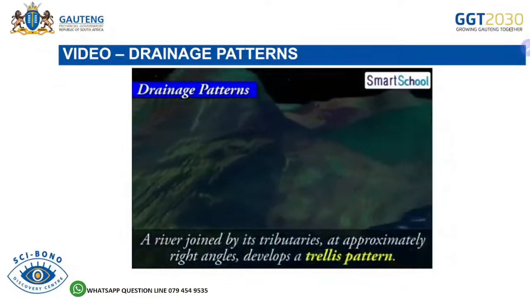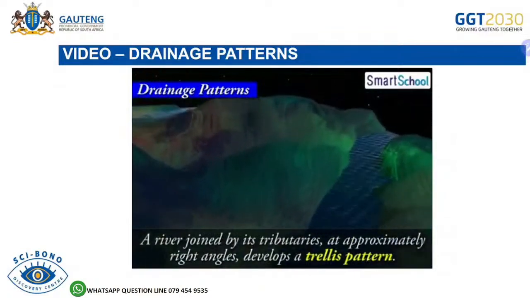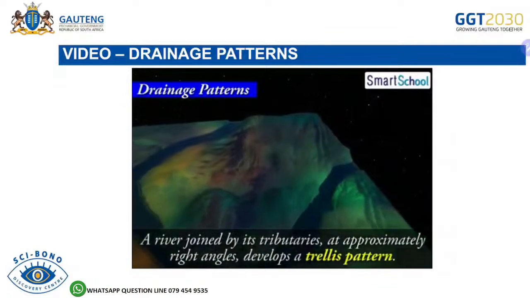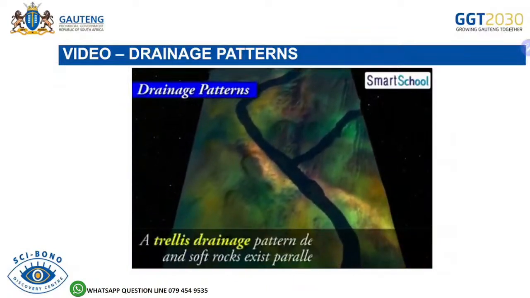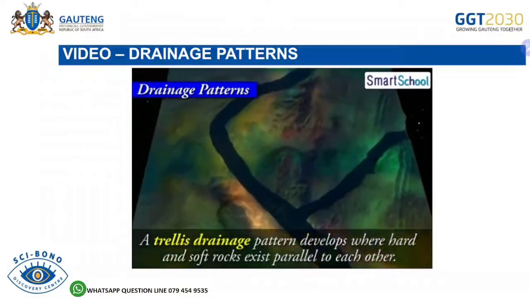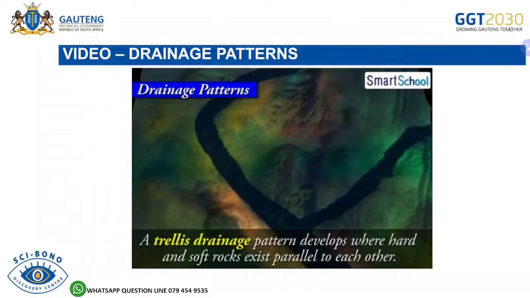A river joined by its tributaries at approximately right angles develops a trellis pattern. A trellis drainage pattern develops where hard and soft rocks exist parallel to each other.